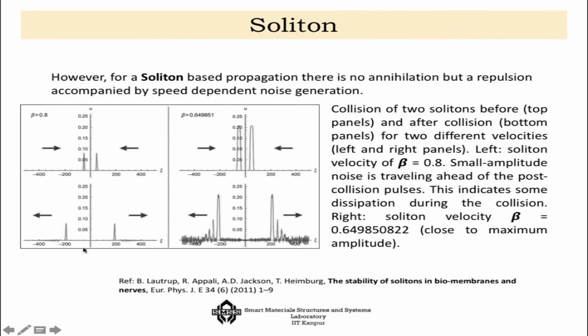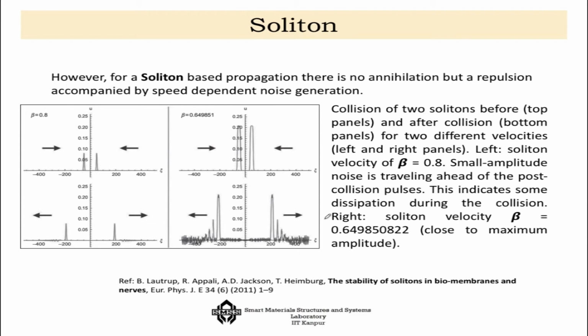So you can see that this is what is happening for a soliton: two solitons are approaching, and after their collision they continue with a much lesser amplitude, going back in both directions.